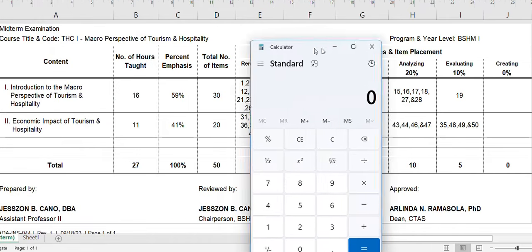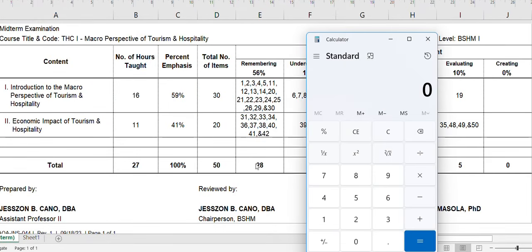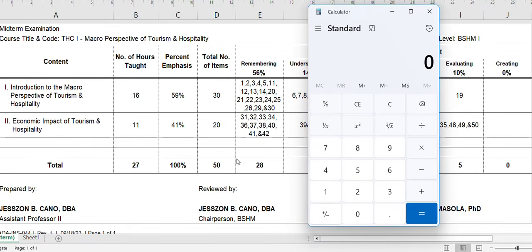So how to compute this 30? What we are going to do is to multiply the total number of items to the percent emphasis per chapter. So for example, 50 total number of items times 0.59 for chapter 1. So we have a total of 29.5, so it will become 30.